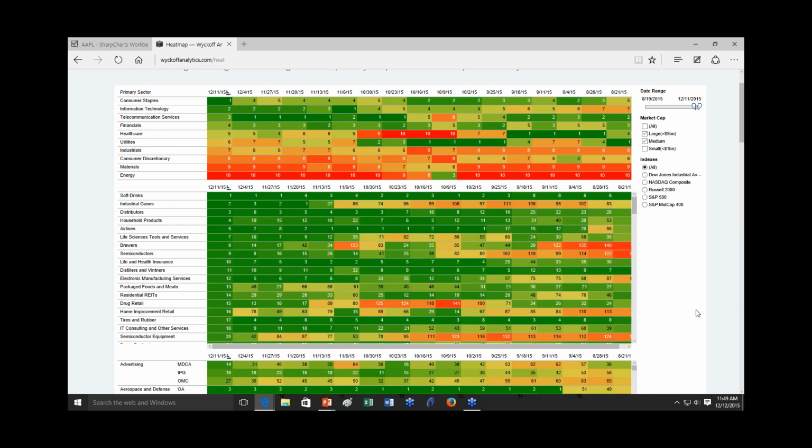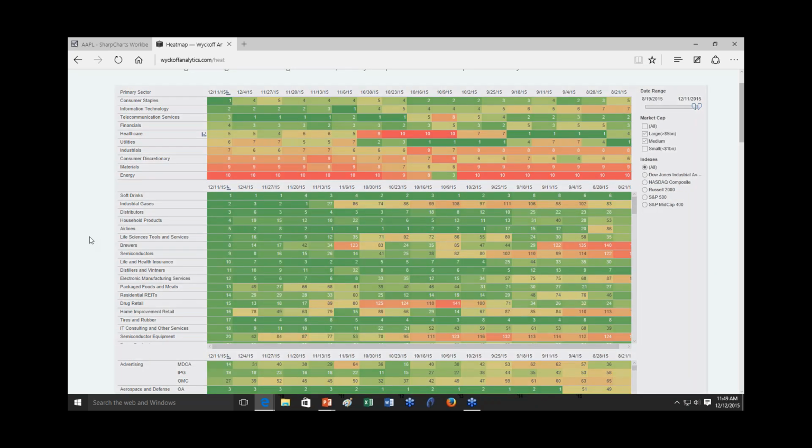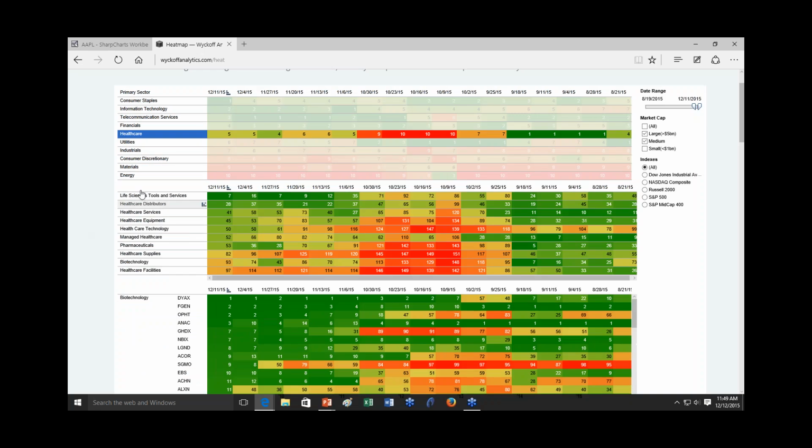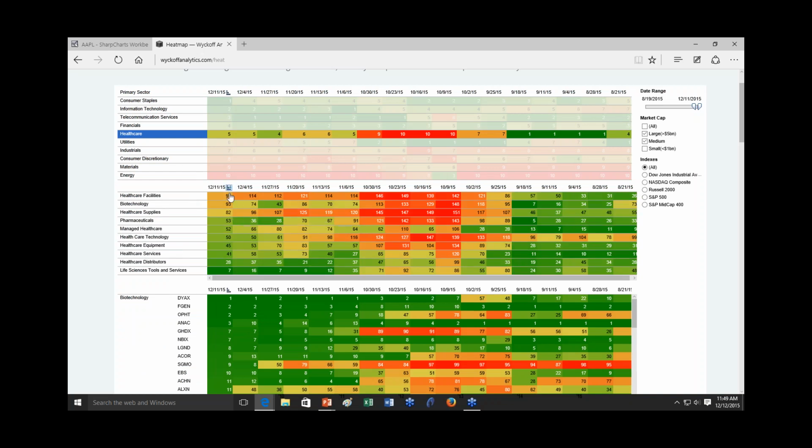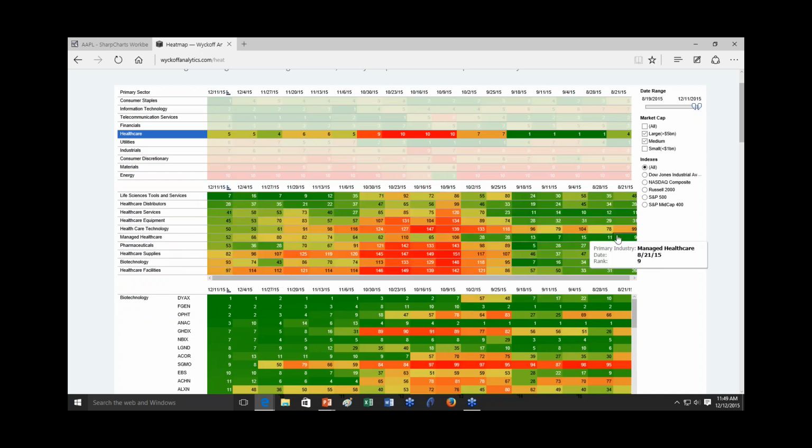We can go here into any of the sectors, let's say healthcare, and identify all of the industry groups in this sector. On the last Friday, we can figure out which industry groups within this sector are the top performers and the bottom performers.